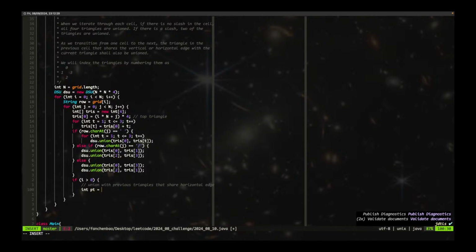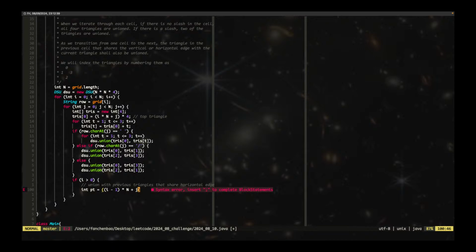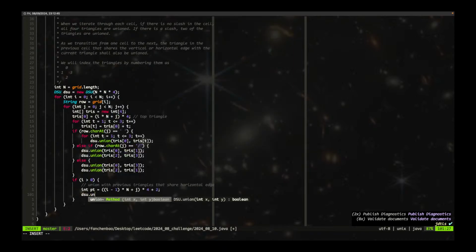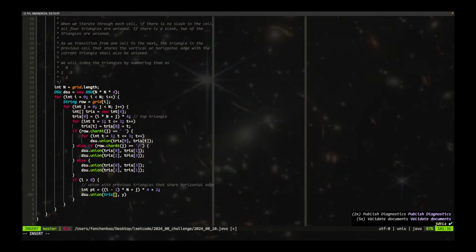So that is going to be (i minus 1) times n plus j, because go up, right? And this times 4 plus 2. And then dsu.union tris 0 with pt.